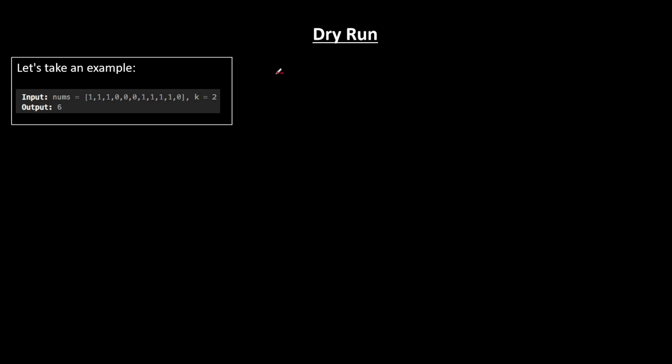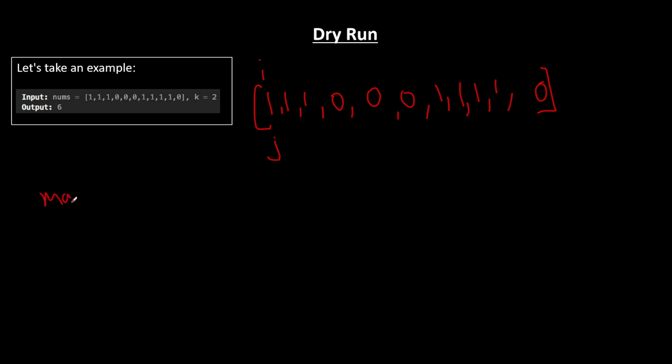Okay, so let me write it here: 1, 1, 1, 0, 0, 0, 1, 1, 1, 1, 0. Fine. Now let J be here and let I be here. And Maxi be something, let it be empty, and let F be the flips.